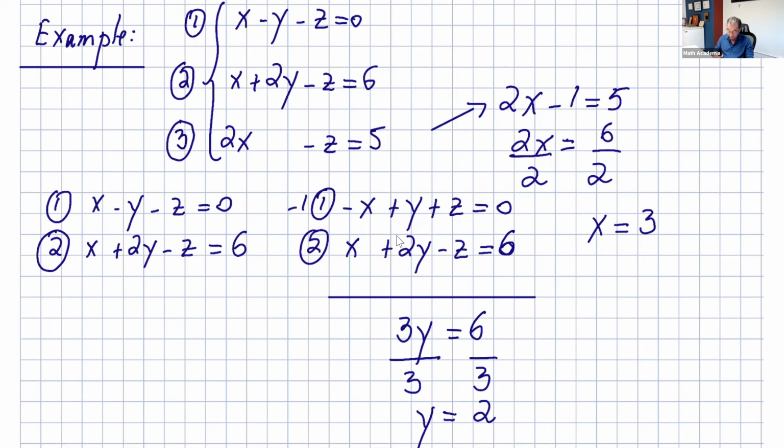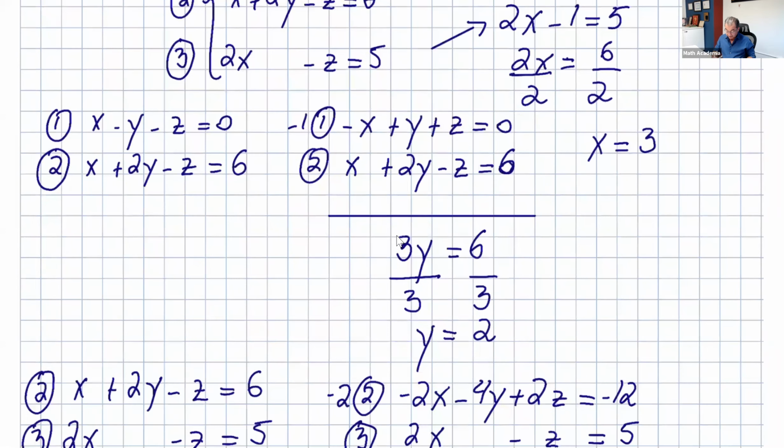And number 2 is x plus 2y minus z equals 6. If you add them, you get 3y equals 6. Divide both sides by 3, so y is solved. This one was good because once we did that, we eliminated the x and the z.